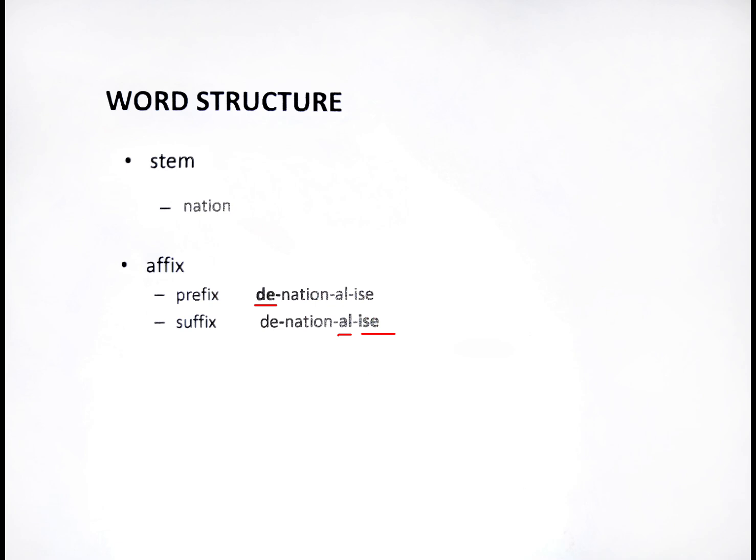So in total, it has 3 ways of forming a word, or it combines 3 ways of forming a word. So the word denationalize is a complex way of forming a word. I hope it clarifies something here, and that's it.